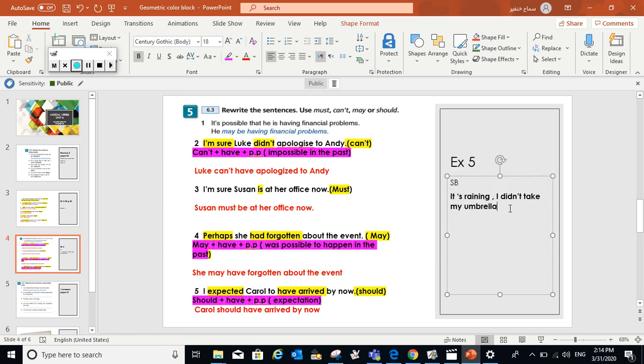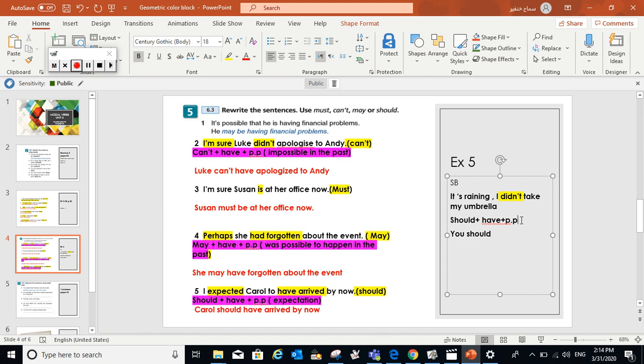You are going to rewrite these sentences using should. So you should, because didn't is in the past. I didn't. Here I am going to express regret in the past. Regret in the past will be as follows. Should plus have, it's the same as expectation, plus PP.